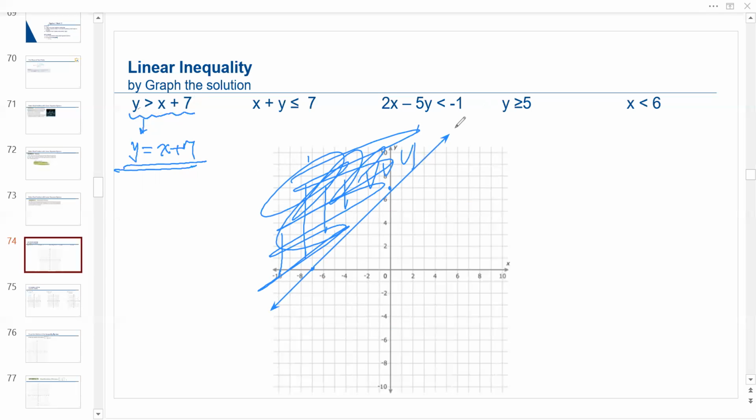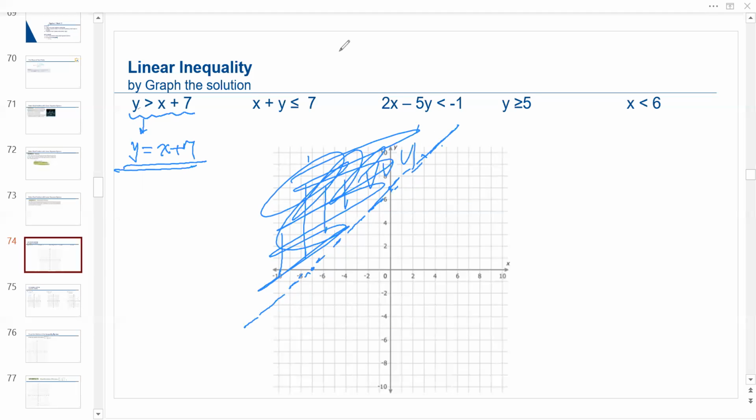So keep this in mind: we do not use the solid borderline. I need to use the dash line. They are not including it, so we use the dash line.